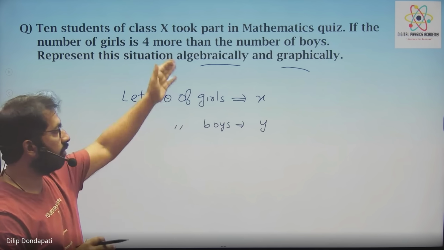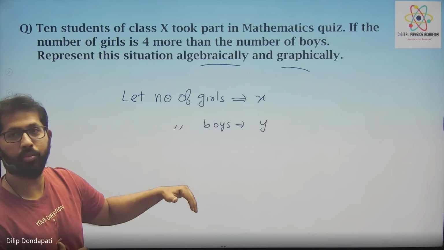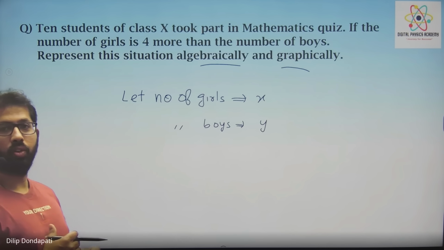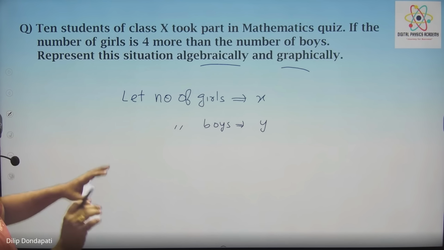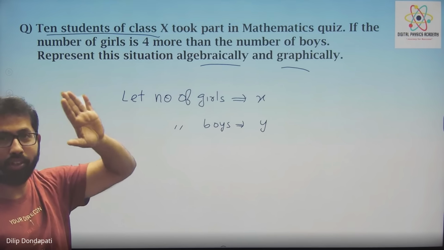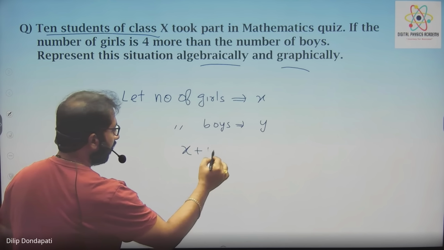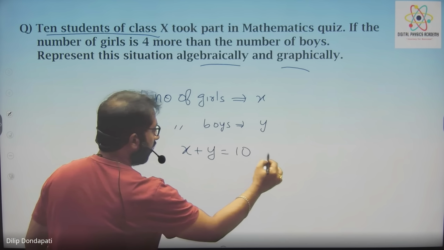In the end we will get the values of x and y, but forming the equation is important. After that we have to draw. One equation can be: number of girls plus number of boys equals 10, because 10 students are there in the class, so definitely only boys and girls. So x plus y is 10. First equation you got.